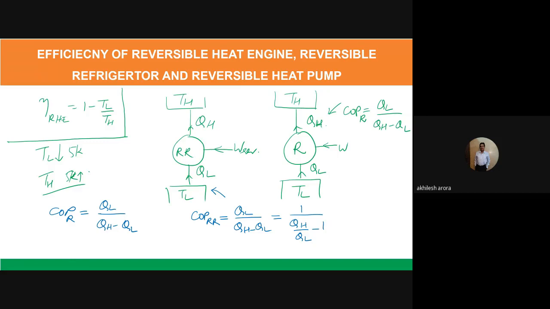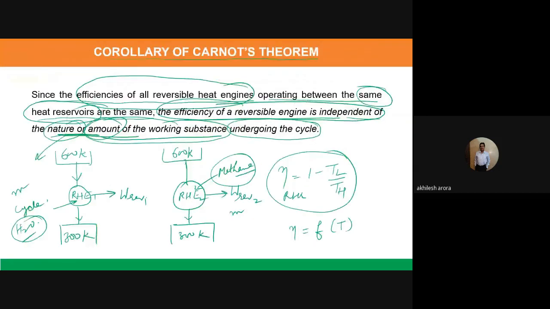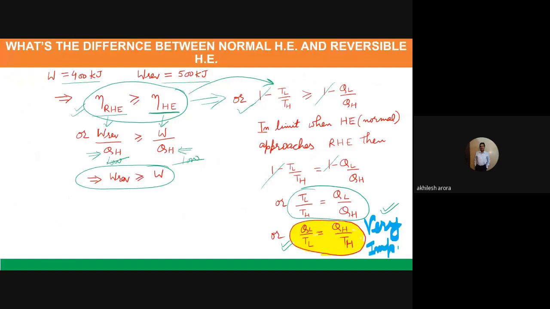Now, it is a reversible refrigerator, and we have said if it is a Carnot cycle, all the processes are reversible. I told you somewhere, I will show you here. Yes, this equation: QL by TL is equal to QH by TH. Though we derived this equation for the reversible heat engine because all the processes were reversible in that case, this is also valid in the case of the reversible refrigerator.